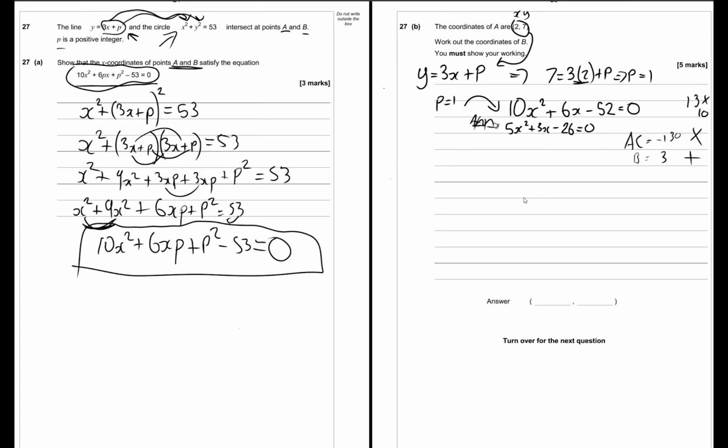So we want to split the plus 3x down the middle. Instead of writing plus 3x, we're going to write 5x squared plus 13x minus 10x minus 26 equals 0. What we've done here is we've just changed the 3x into a plus 13x and a minus 10x.